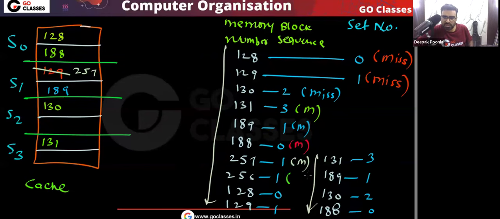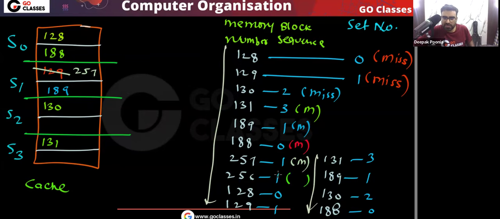Next, you can see the main memory block number 129 will be replaced by this main memory block number 257. Now let's see the next, that is 256. Yes, this is a cache miss.